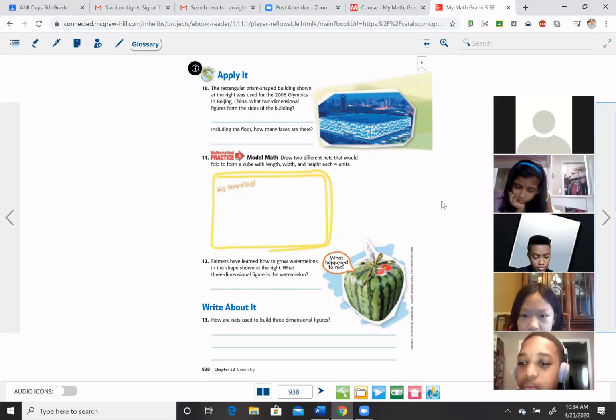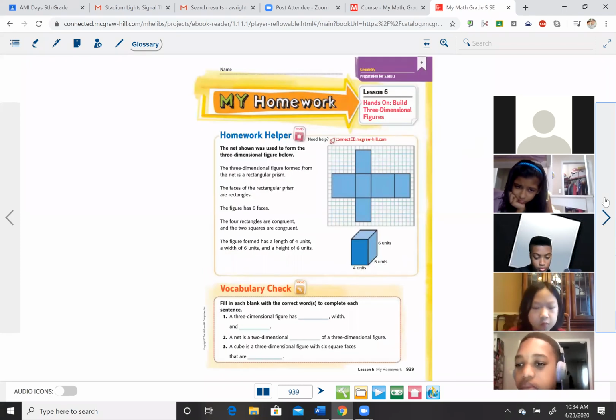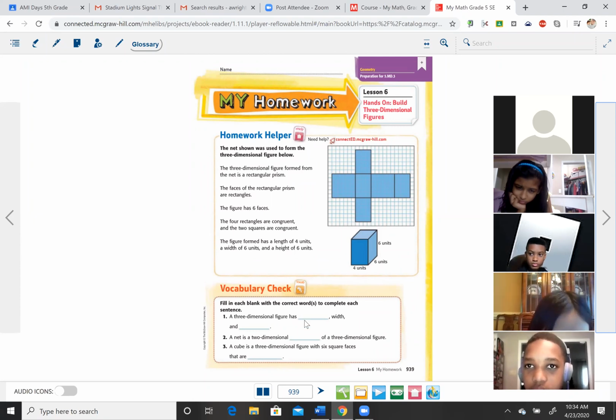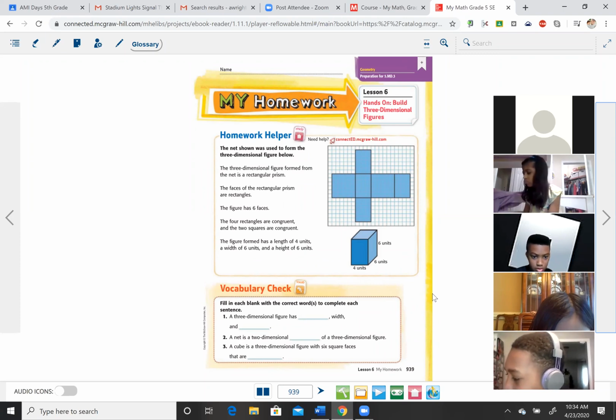Okay, so let me go look at number 2. Fill in the blank with a correct word to describe each sentence. A net is a 2-dimensional blank of a 3-dimensional figure.